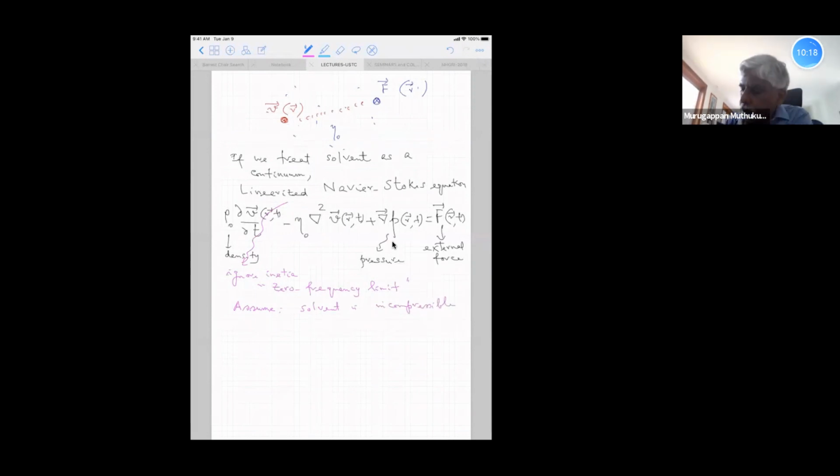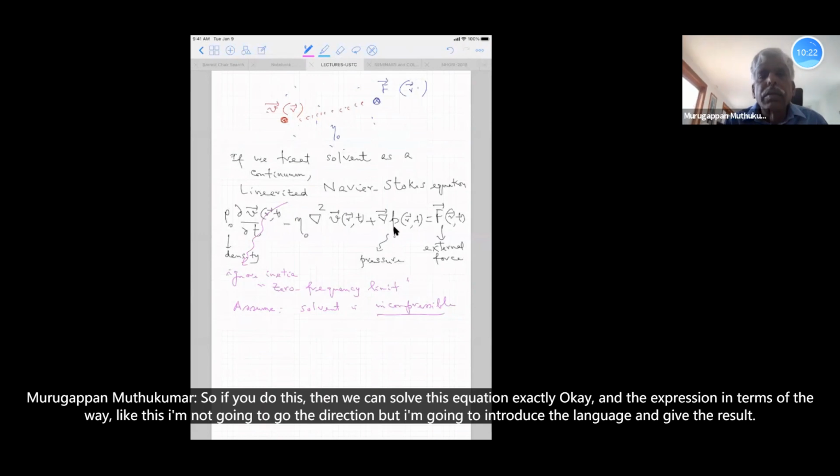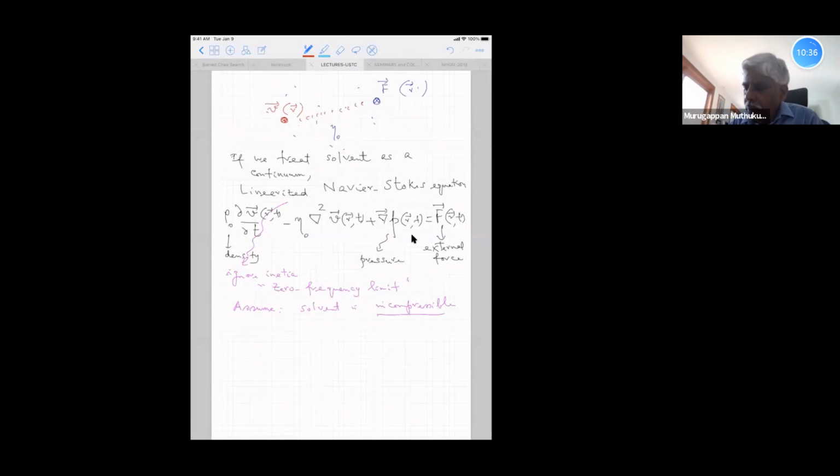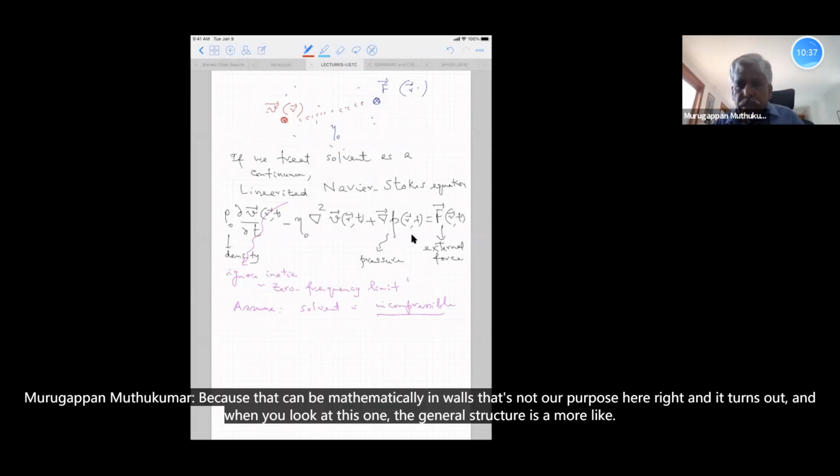If you do this, then we can solve this equation exactly. The expression turns out to be like this. I'm not going to go through the derivation, but I'm going to introduce the language and give the result, because that can be mathematically involved. That's not our purpose here.